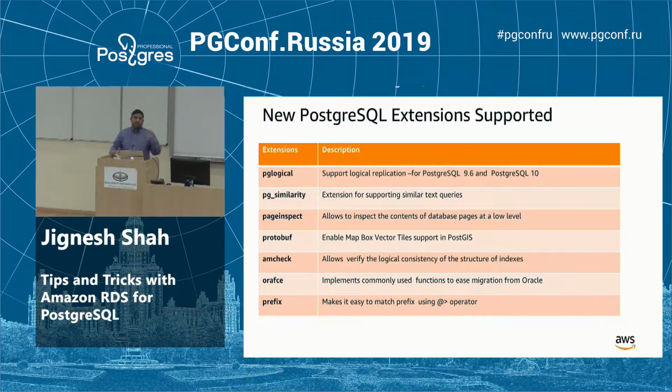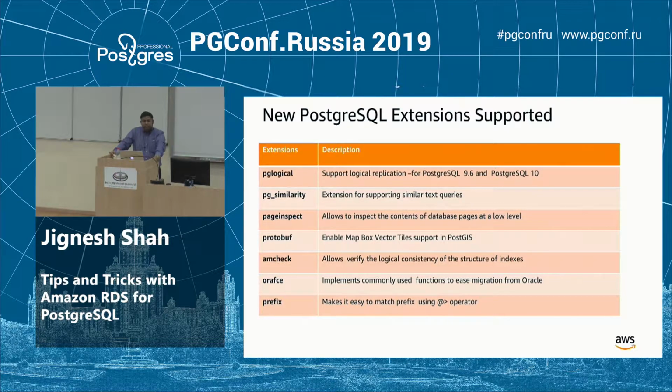So what we have done is we have enabled PGLogical, which would now allow you to use PGLogical to do a logical upgrade from 9.6 to version 10, and then you can use native logical replication for your future upgrades, right? PGLogical can also be used if you have on-premise Postgres that you want to replicate into RDS, or the other way around, where you want to replicate an RDS Postgres instance to an on-premise one. Then you can use PGLogical or the native logical replication.